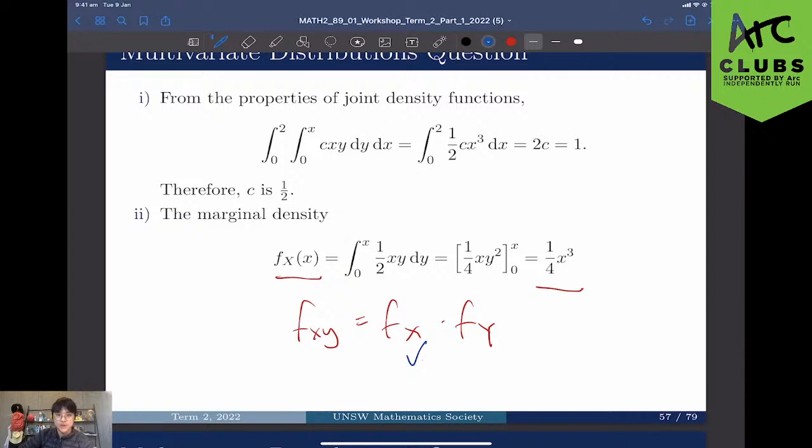We calculated fxy, which is equal to half xy. So now we have to calculate fy. And when we sub in the value of fy here, if there is an equality between these two sides, then x and y are independent. If they're not equal, then they will not be independent.